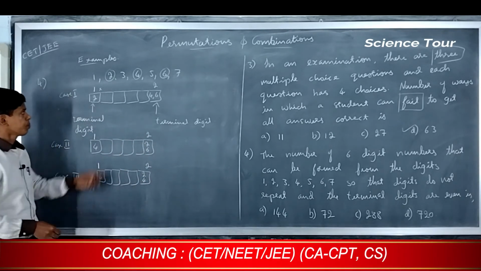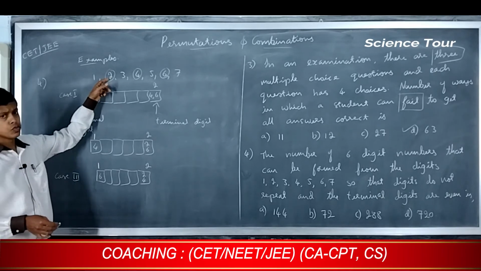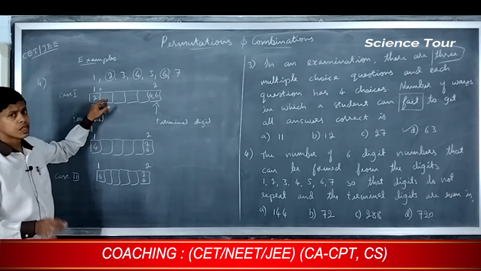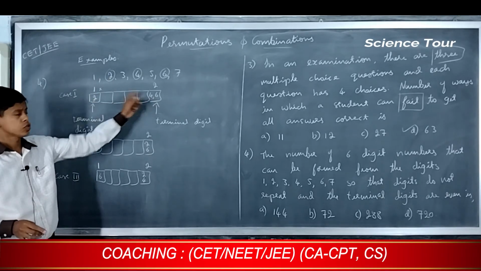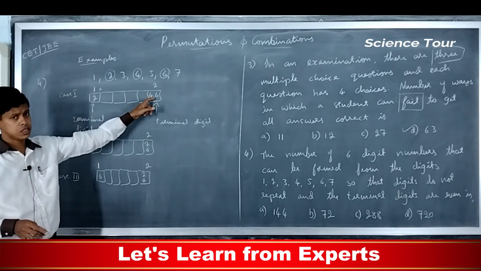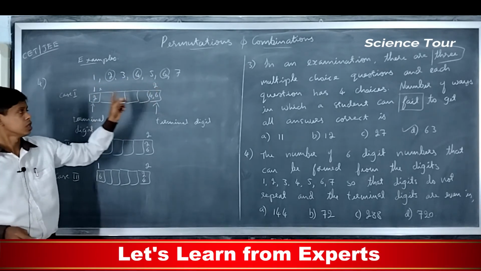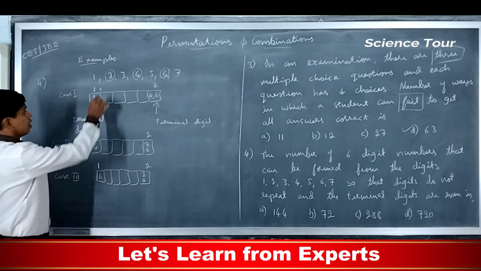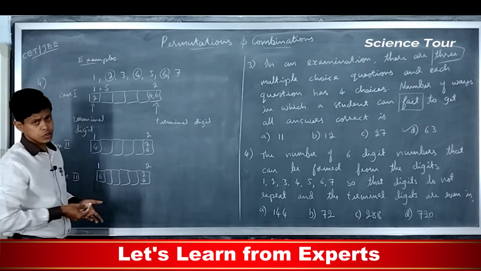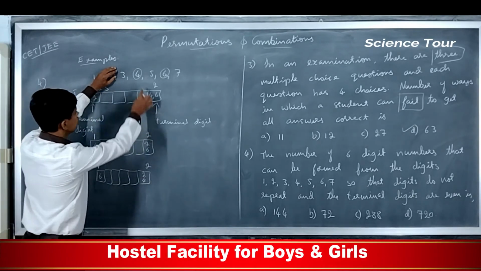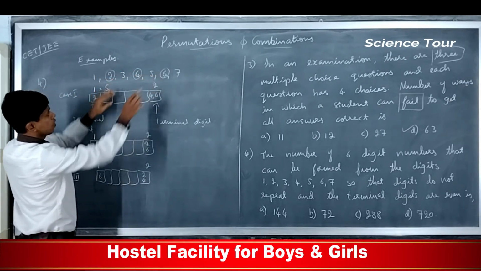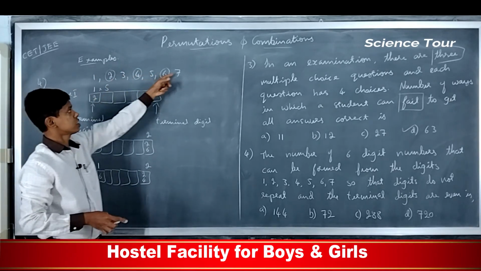Okay, now you have taken 2, so you cannot take 2 here. Imagine you have taken 4, so that means you have taken 2 numbers out of 7 numbers. So how many choices do you have here? 5 choices. Okay, you can't take 2, you can't take 4, you can take any one of those, 1, 3, 5, 6, 7.